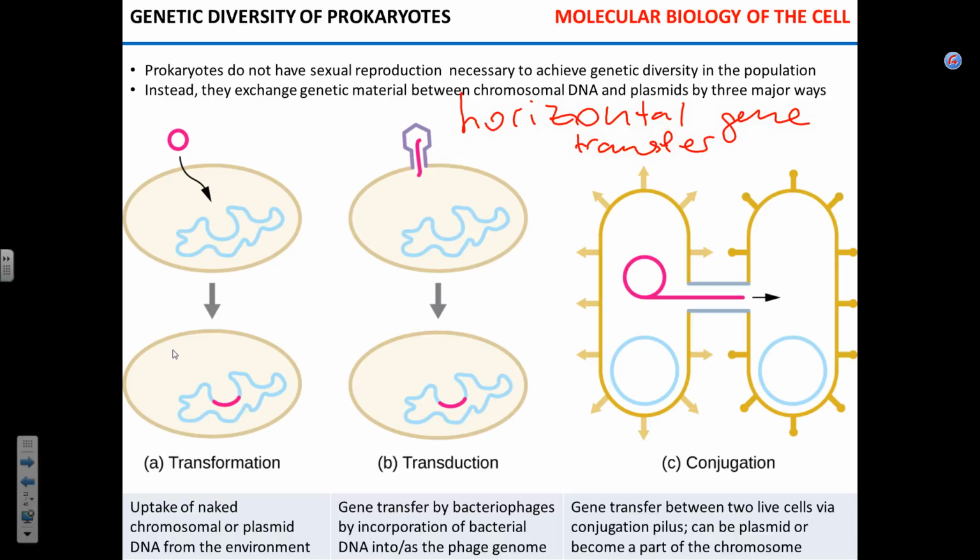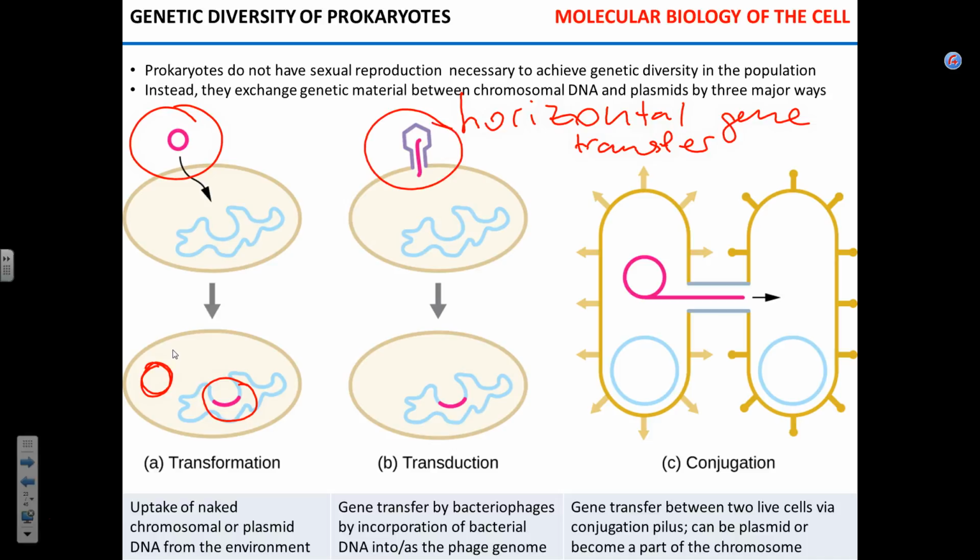Now, these three mechanisms are transformation, when naked DNA is taken into the bacterial cell and either incorporated as a part of the bacterial chromosome or is maintained in the form of an extrachromosomal plasmid.